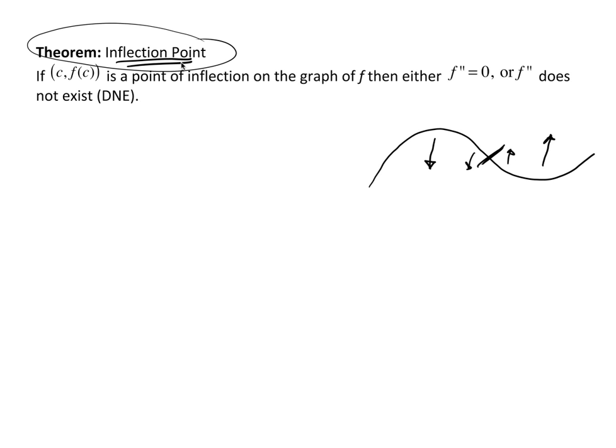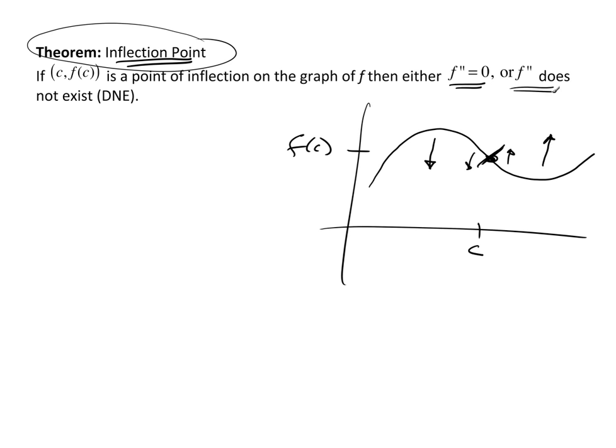And that is what the inflection point actually is. So if f of c is a point of inflection on the graph, so this would have coordinates, x would be c, and on the y-axis, obviously, this would be f of c. So if f of c is a point of inflection on the graph of f, then either the second derivative is equal to 0 or the second derivative does not exist.